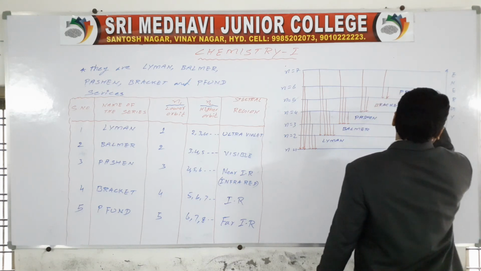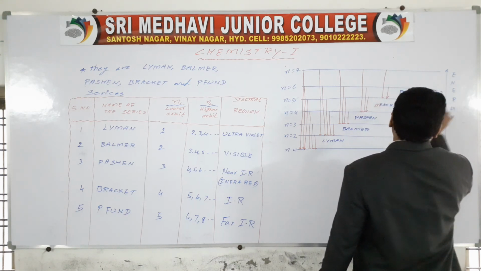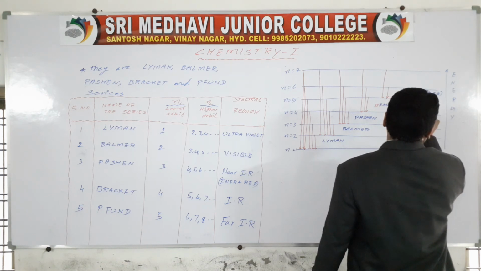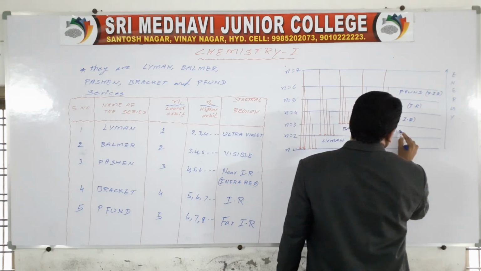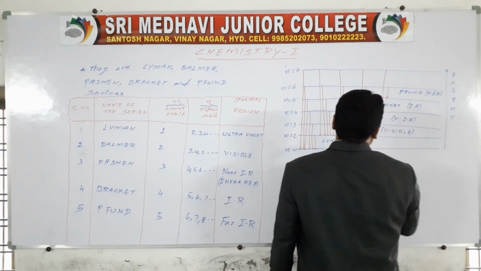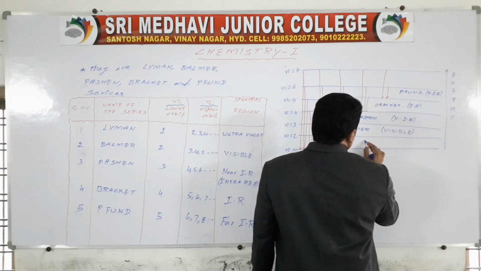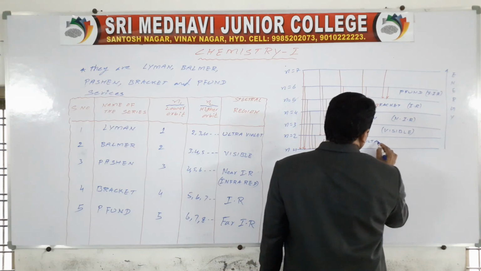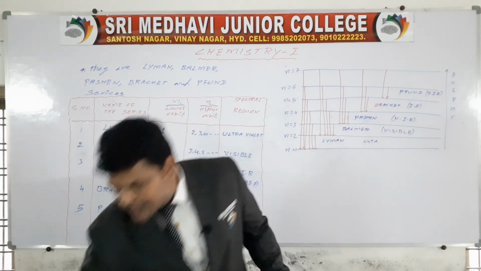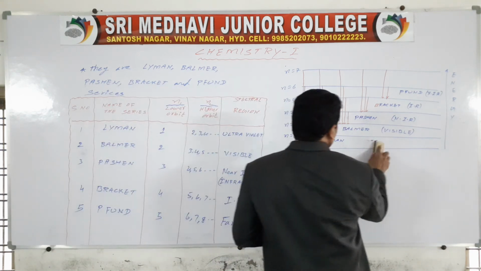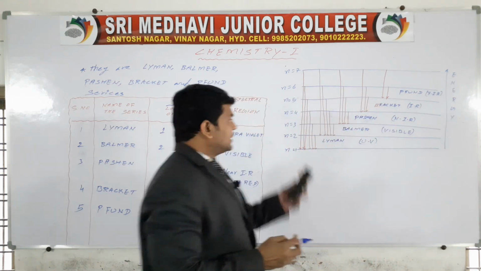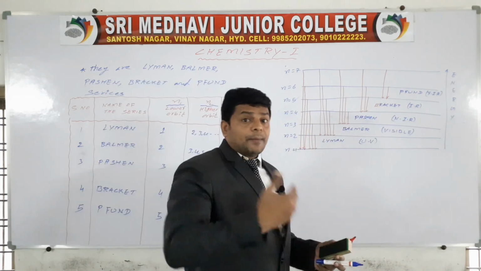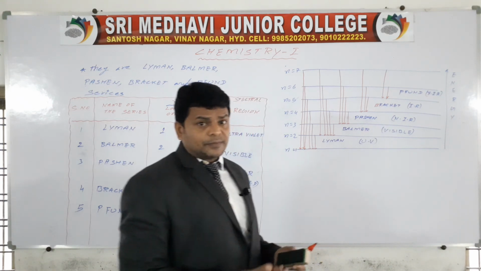It is for IR region, near IR region, visible region, and ultraviolet region. This is the way the flowchart is given by Bohr for explaining hydrogen spectrum.